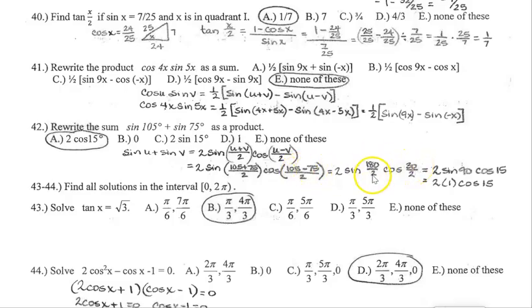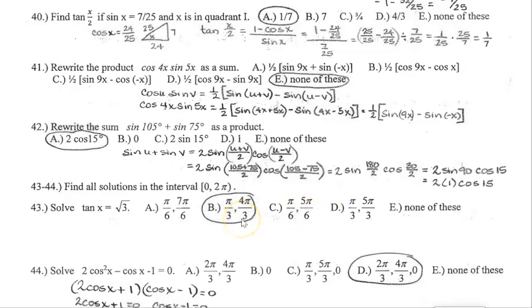So now I have 180 over 2, which is 90, and 30 over 2, which is 15. So I can look on my circle and see the sine of 90 is 1. I don't know the cosine of 15. That's not on my circle. So I can leave that as my answer, cosine 15.